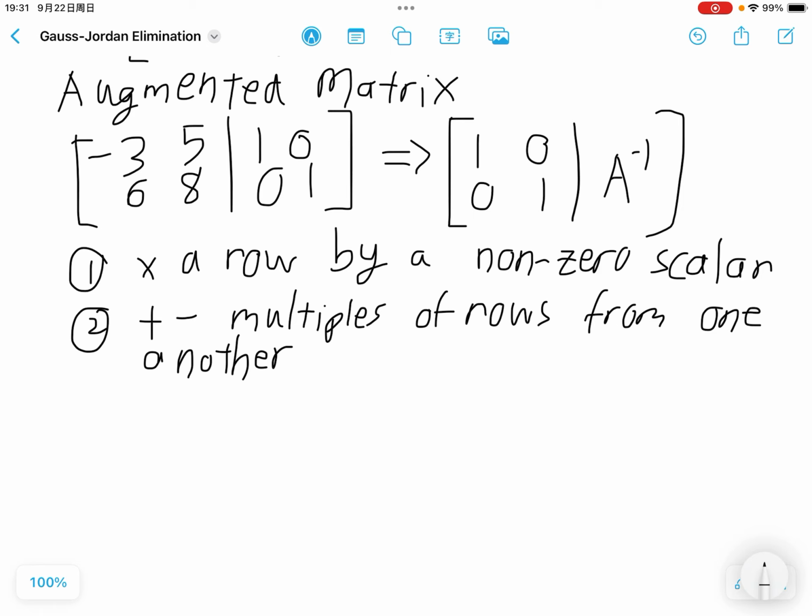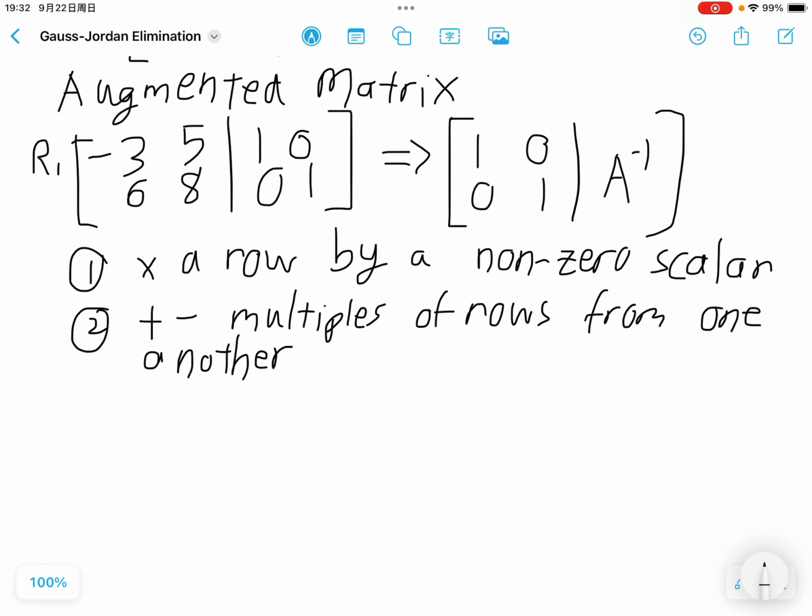That looks a bit easier. We can't multiply the first row by 0 because it says non-zero scalar over here. If we multiply this by 0, the entire row is 0. So that's not really helpful. So the only option is to add or subtract multiples of row 2 from row 1. And then we can cancel 5 out and make sure that this is 0.